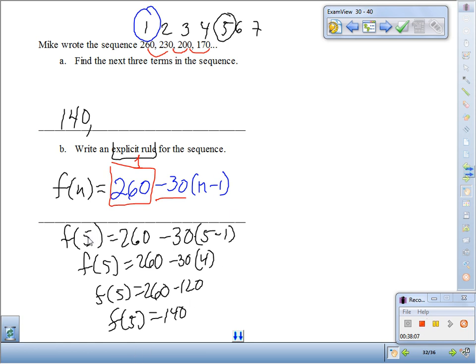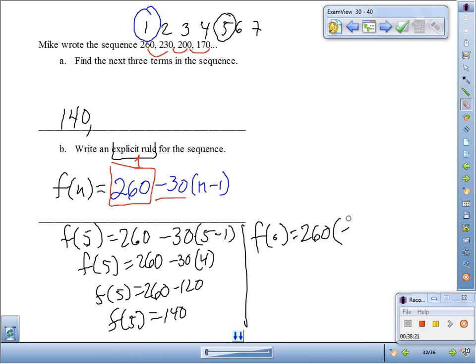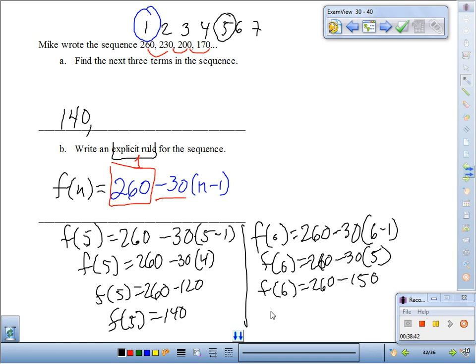So now for f of what? 6. So this is pretty straightforward. F of 6 equals 260 minus 30 times 6 minus 1. F of 6 equals 260 minus 30 times 5. F of 6 equals 260 minus 150. And what does that leave us?